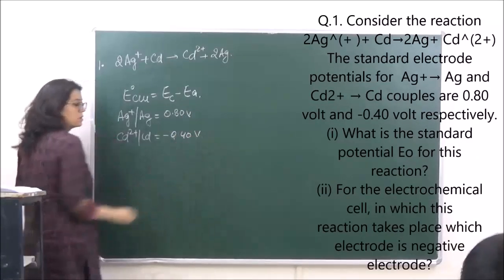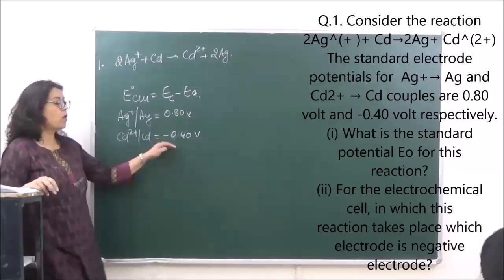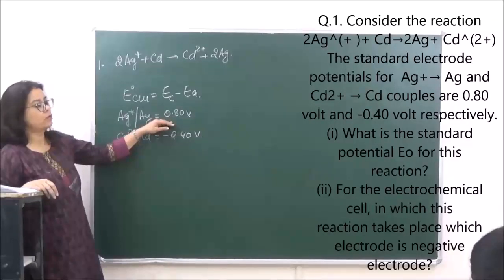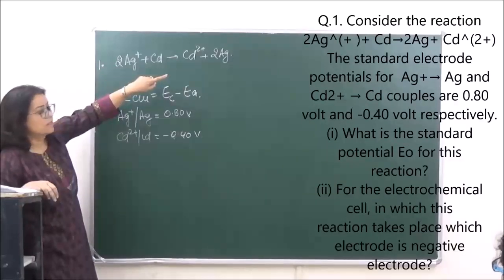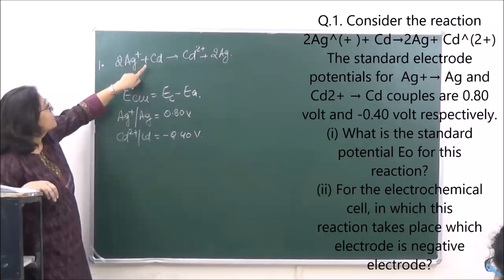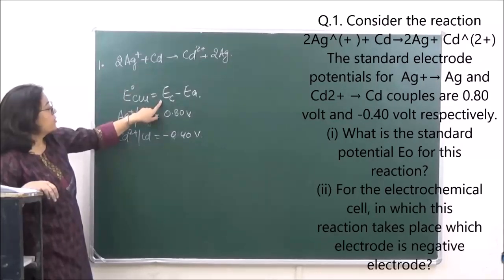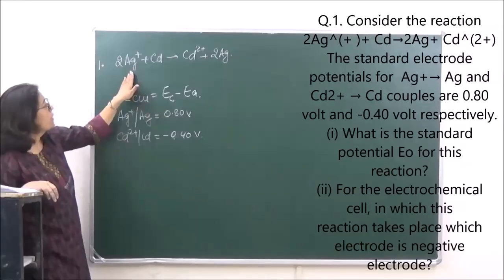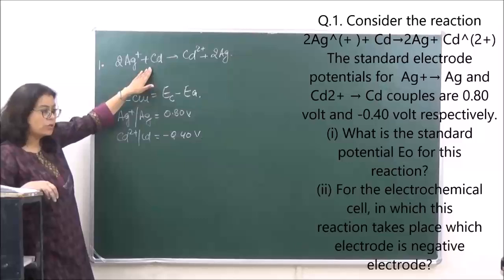Right? So one trick which you have to use over here is that you subtract the smaller value from the larger value. Otherwise, if you're looking at the reaction, Ag is getting reduced and cadmium is getting oxidized. Right? And over here, if Ag is getting reduced, Ag is going to be the cathode and cadmium is going to be the anode.